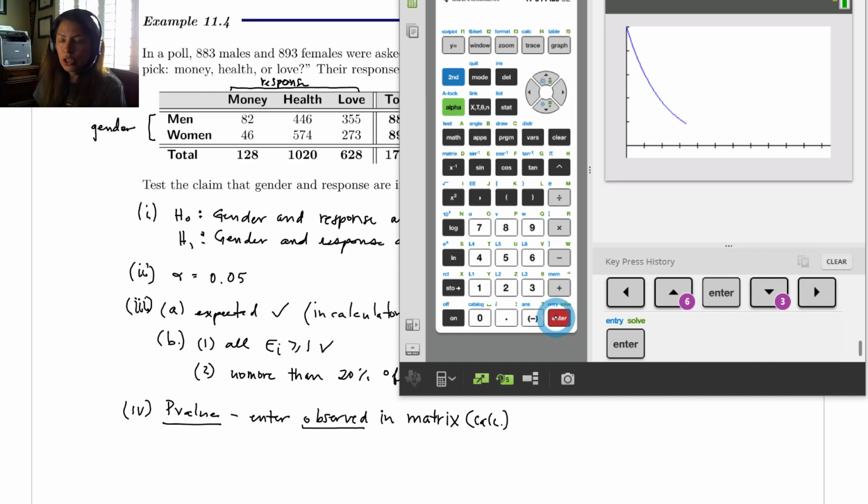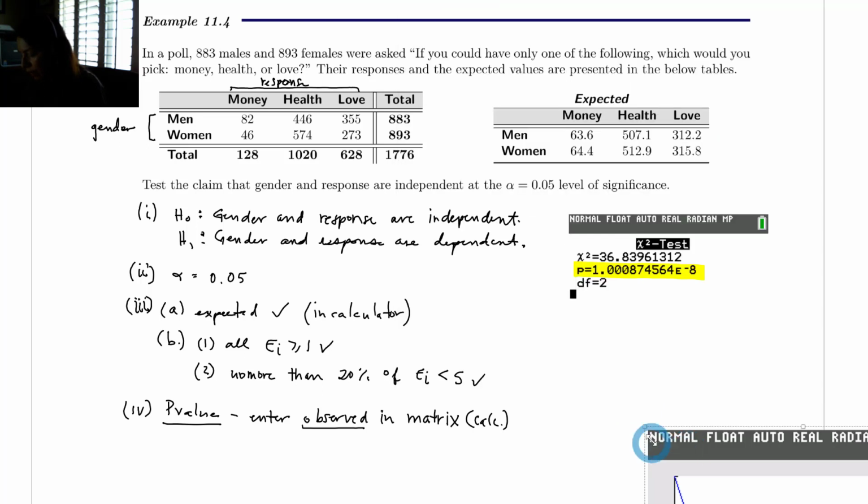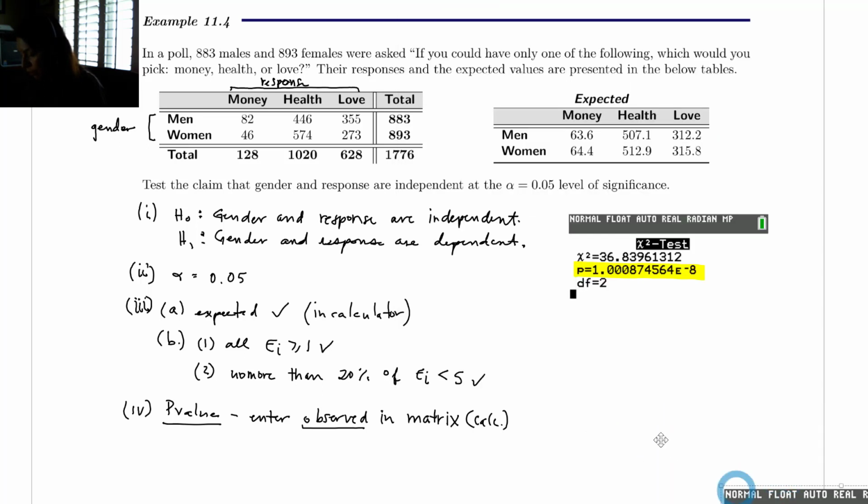And it'll draw that skewed right curve, and you probably won't even see it shaded. And then notice it, because the p-value is so little, it doesn't even give you a number, it just gives you 0.